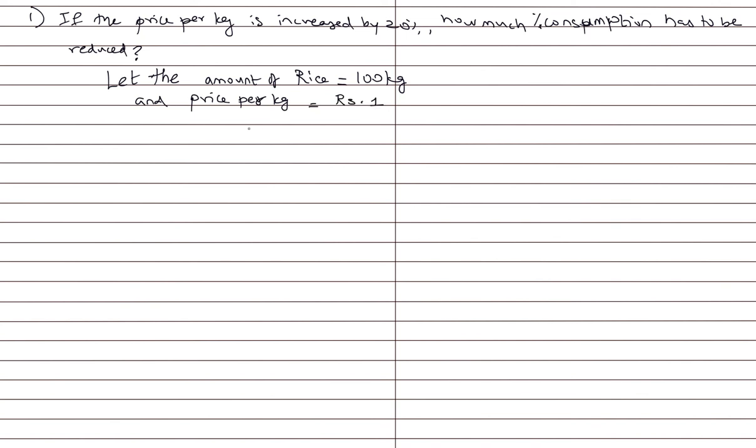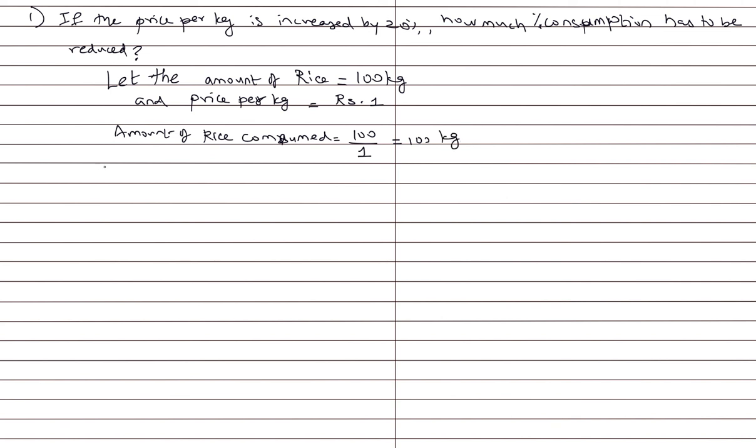So for the simple case, that means the amount of rice consumed equals 100 kg divided by 1 rupee, which is equal to 100 kg consumed.